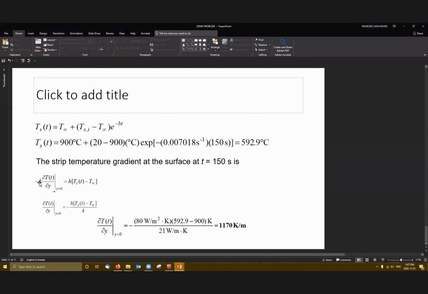Because I'm talking about conduction through the plate. Remember, we're talking about the steel plate. We are interested in the conduction inside the plate, and not the temperature gradient in the air. We are interested in the plate. That's right. Okay, thank you. Sure thing.